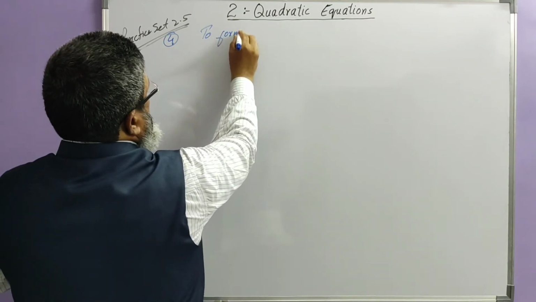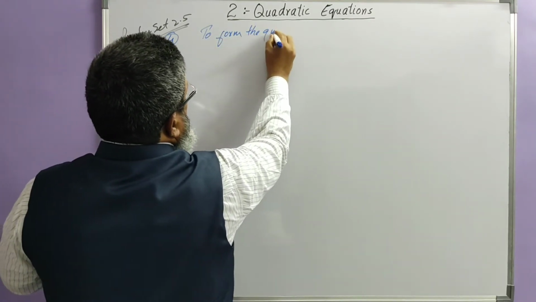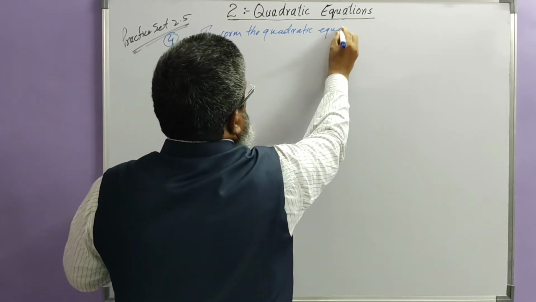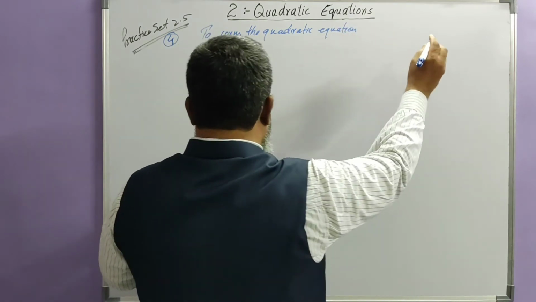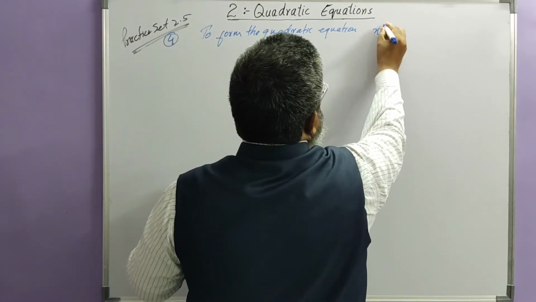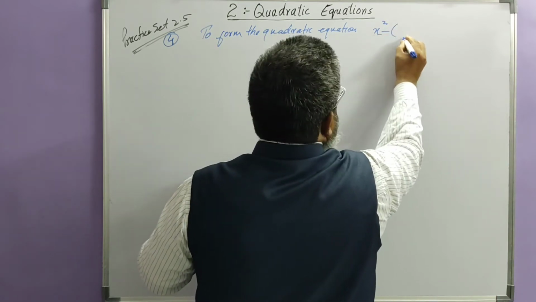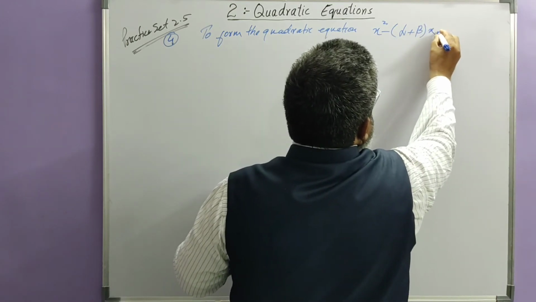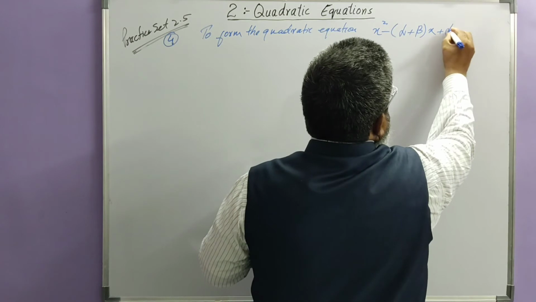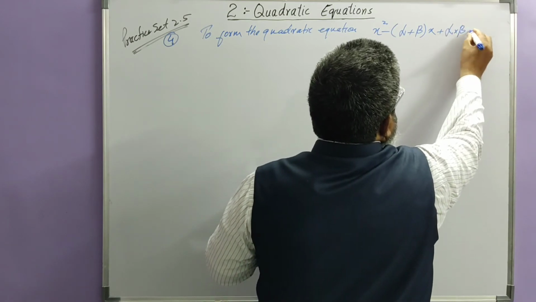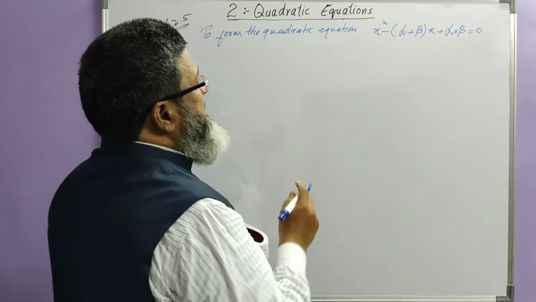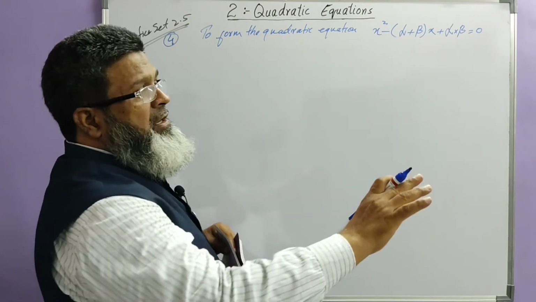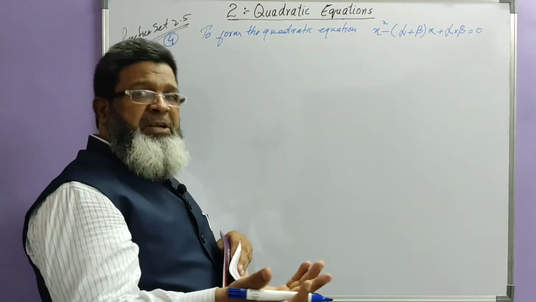You have to remember the formula: x square minus (alpha plus beta) x plus alpha into beta is equal to 0. Now see, what are alpha and beta? If two roots are given, one is alpha and another is beta.